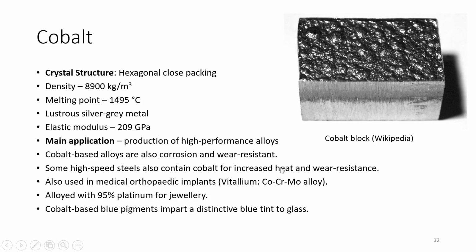So at higher temperatures also you can use these tool steels. And it is alloyed with 95% platinum for jewelry making, and cobalt based blue pigments impart a distinctive blue tint to glass. So it's added to glasses as well.